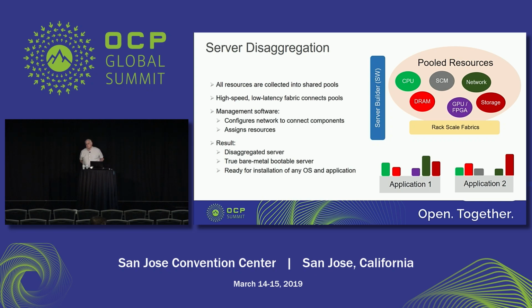The overall reason we're trying to do this is to break out and disaggregate our servers. Up to this point, at Dell, we've had many different attempts at disaggregation, but there's one area we've never been able to break apart, and it's the CPU and the memory.